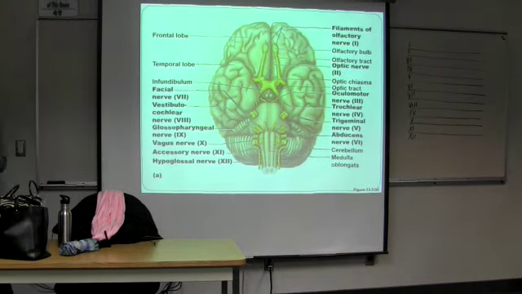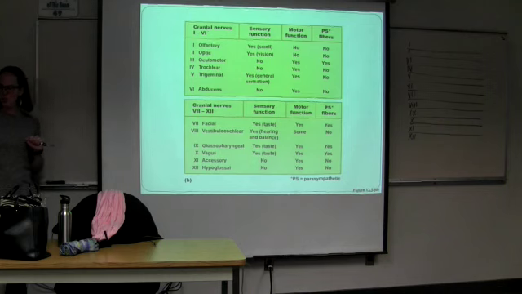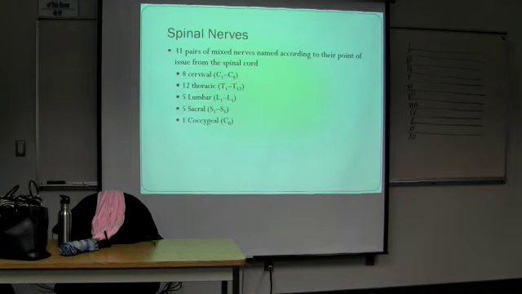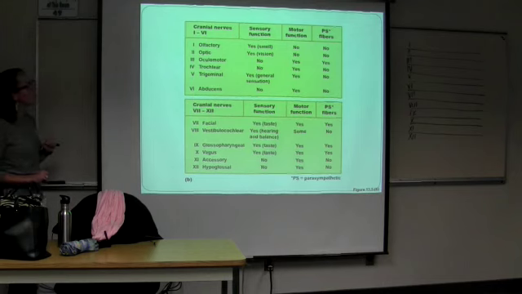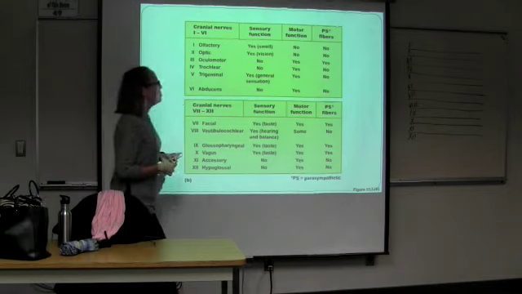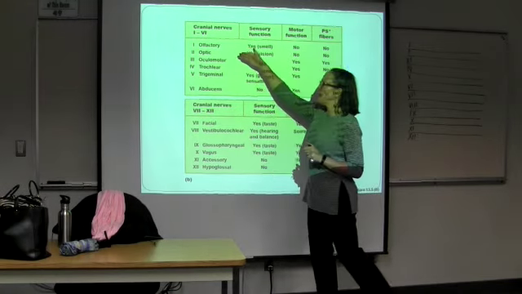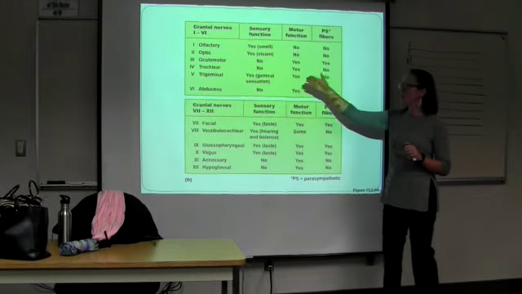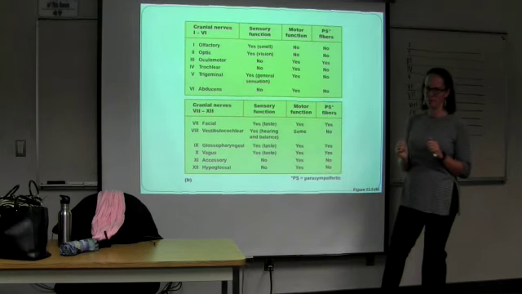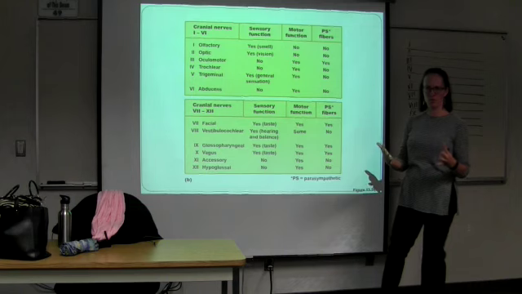Now, we have this little chart. Okay. So here's the names: olfactory, optic, oculomotor, trochlear, trigeminal, abducens, facial, vestibular, cochlear, glossopharyngeal, vagus, accessory, hypoglossal. Okay, you'll need to learn those.